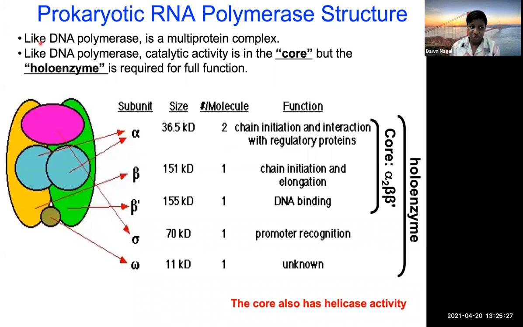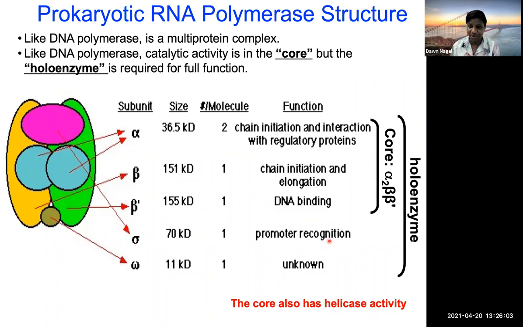And so based on that, we know that RNA polymerase is similar to DNA polymerase in the fact that it's a multi-protein complex. This complex contains 2 major parts. The catalytic activities are in the core, so alpha, there are 2 molecules of this alpha subunit, and beta prime, okay? So this makes up the core. The holoenzyme, which is everything that's required for full function of this polymerase, includes this sigma factor, which is important for promoter recognition, right?